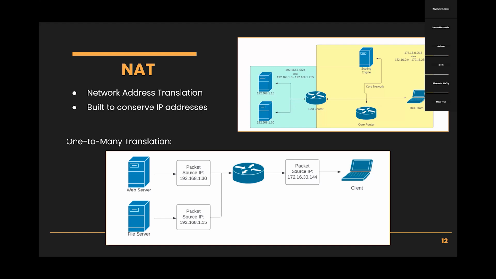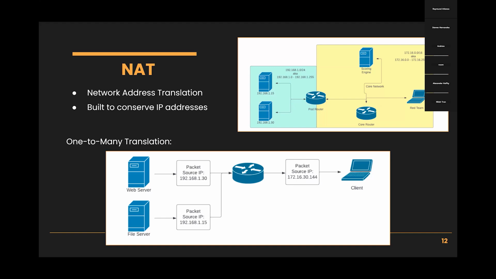Yeah, so in this example, going back to the one-to-many translation, again, it's taking multiple addresses on one network and translating it to a single address on another network. This also works with port forwarding or PAT, which is port address translation, and that helps tie specific services down to a specific port.